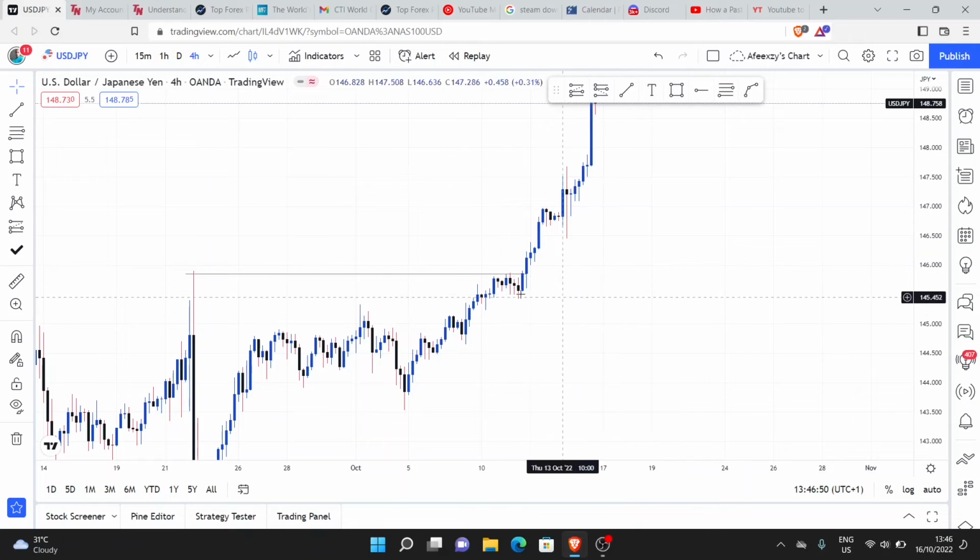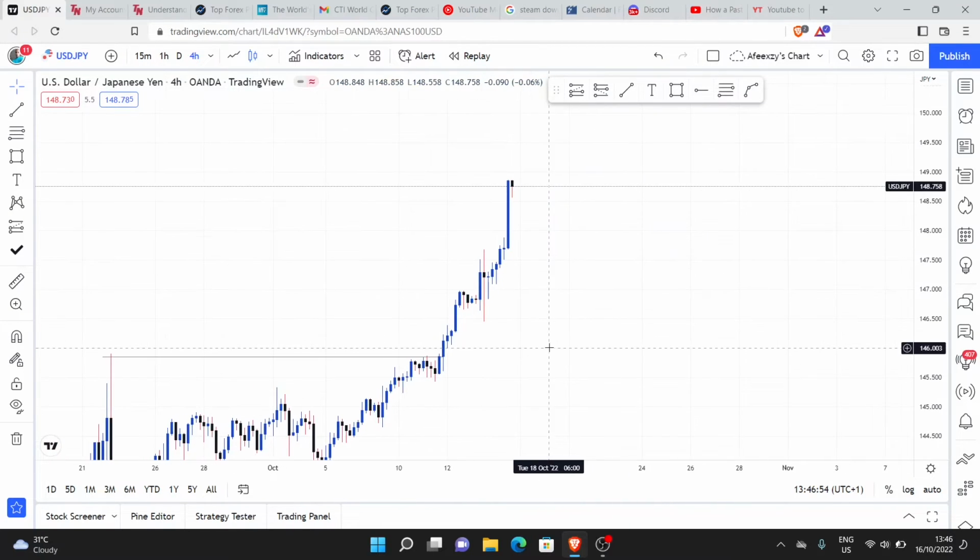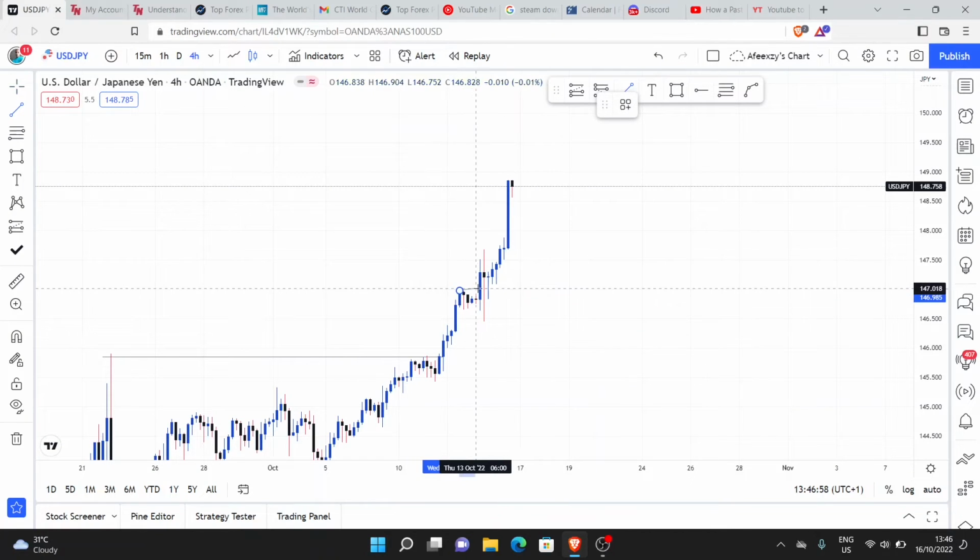On our 4-hour time frame, you can see that this market is bullish as well. Overall, we are bullish. It broke structure here. It went higher, came back to this OB. It cleared these lows. You can see something happened here. It cleared this low here.